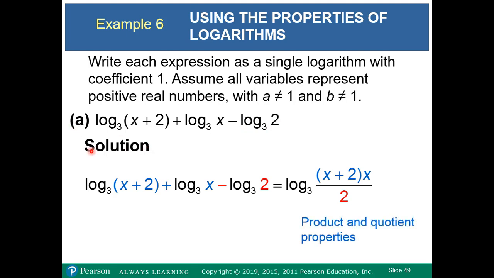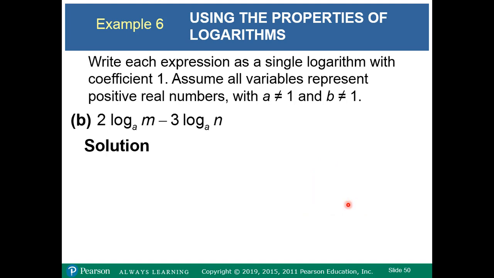So we can rewrite these two as a product, and then the minus becomes a quotient, so it goes on the bottom. Then we can write this as the log base 3 of the entire quantity of x plus 2 quantity times x divided by 2.